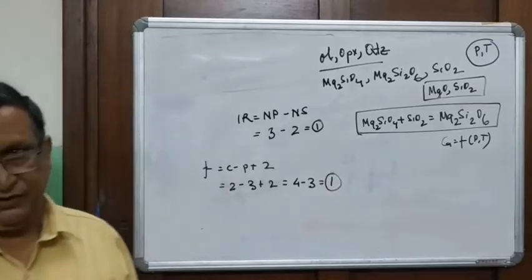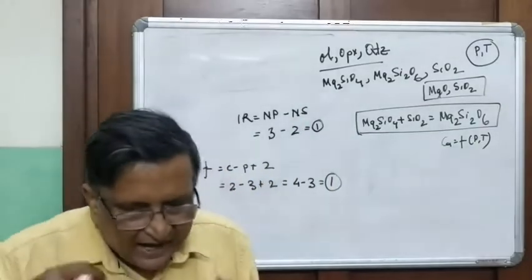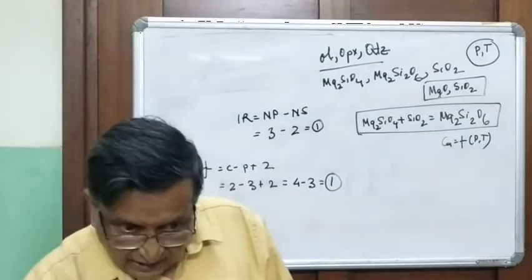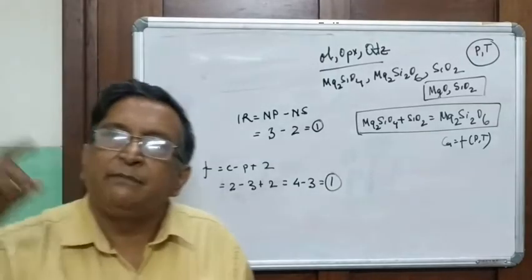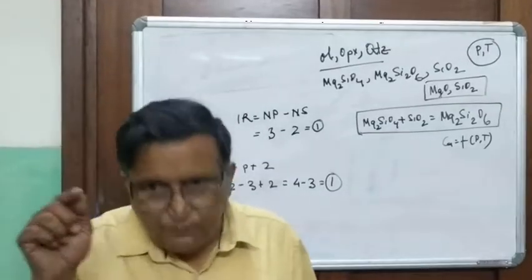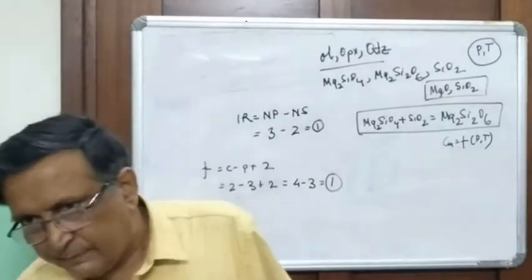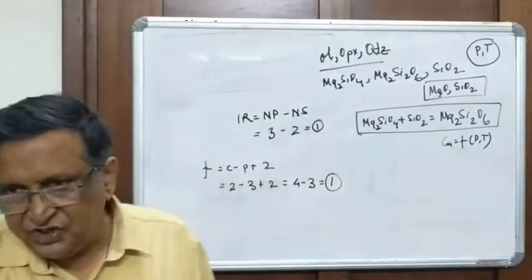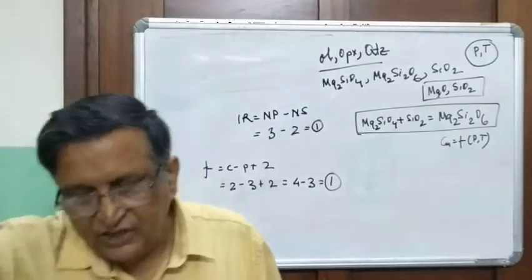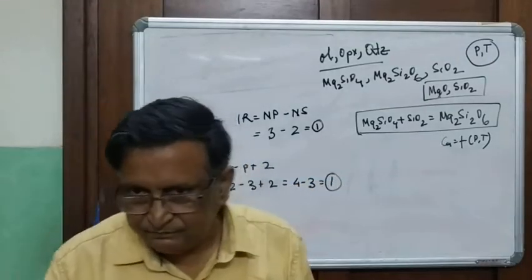As we said, the system is univariate. The system by itself cannot find out both pressure and temperature, but it can give you the variation of pressure and temperature in PT space. It cannot quantify T and P separately. Its P and T will be in the form of an equation, which means it will be a line. And as we rightly predicted, it is univariate.